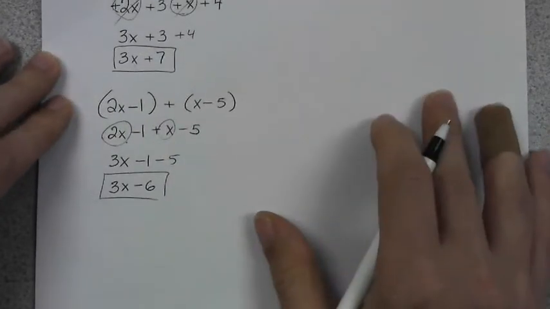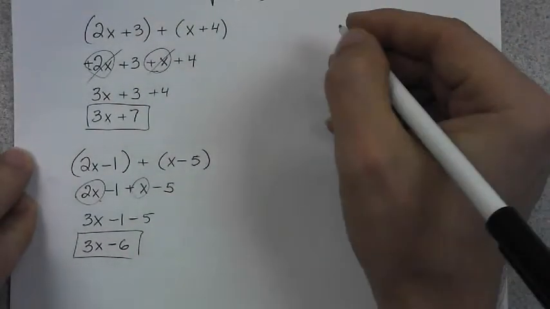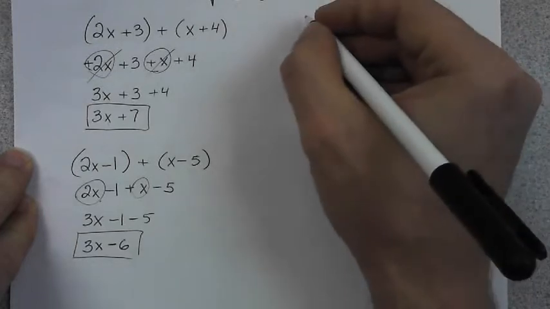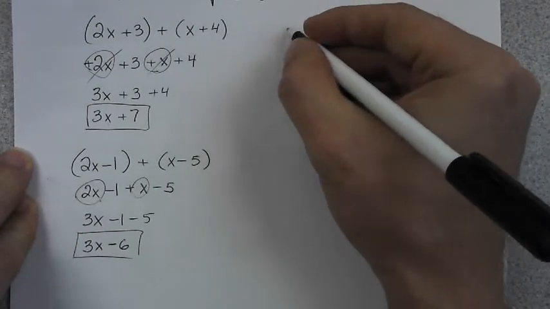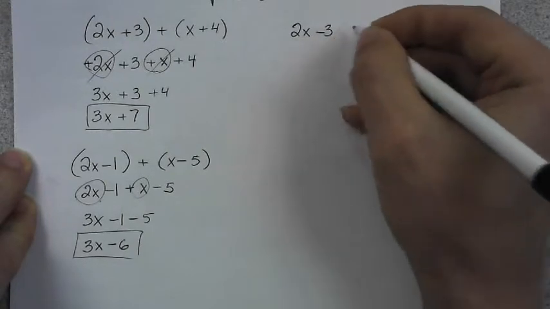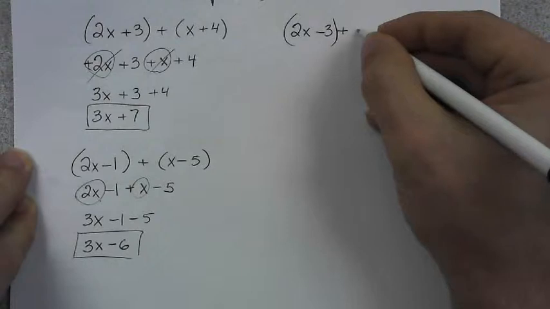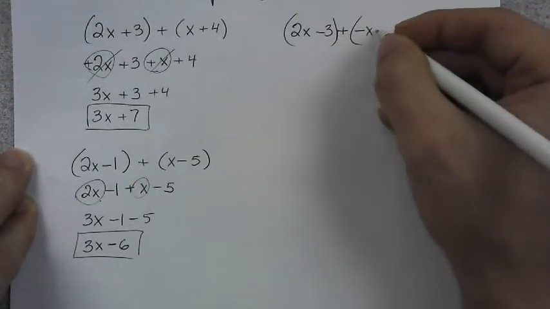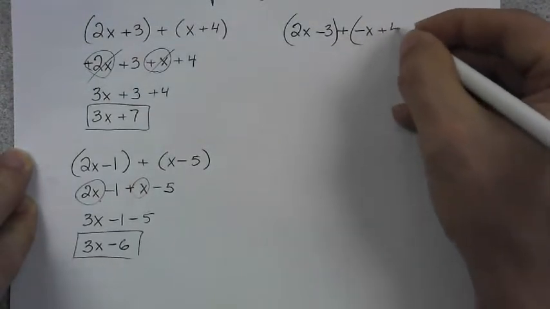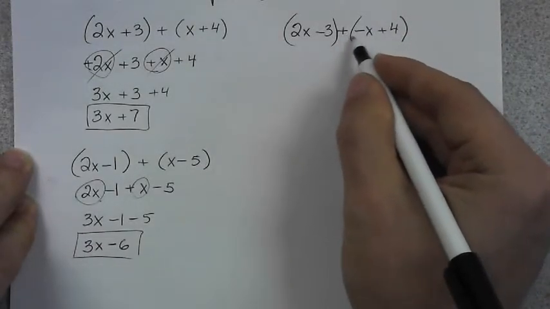Let's take a look at some more. Hopefully this is starting to click for some of you. Let's do 2x minus 3 plus a negative x plus 4. This part might be a little tricky for some of you.